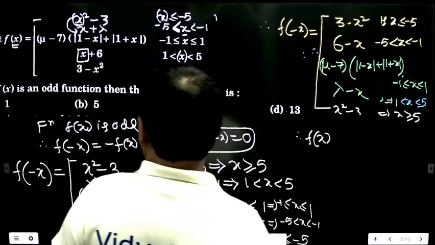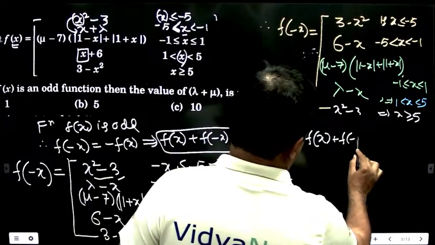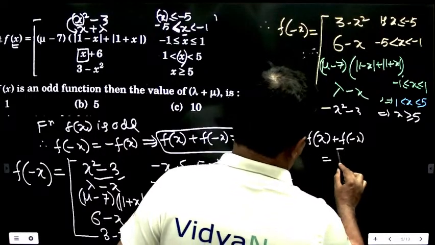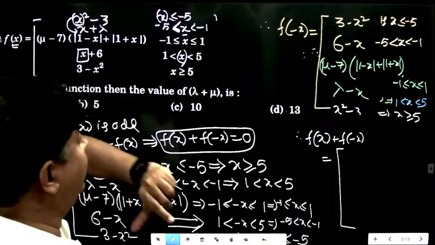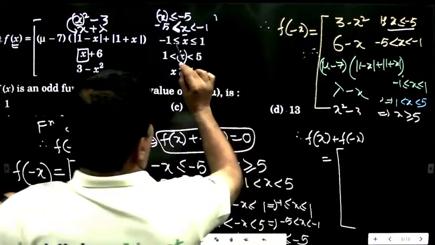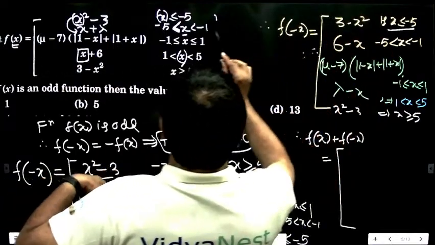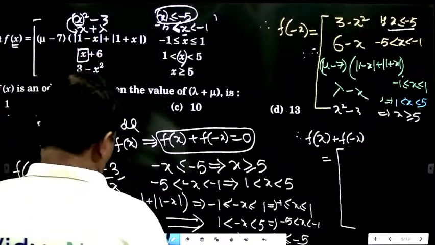fx plus f minus x will be what? See, you add interval to corresponding interval, x less than equal to minus 5.